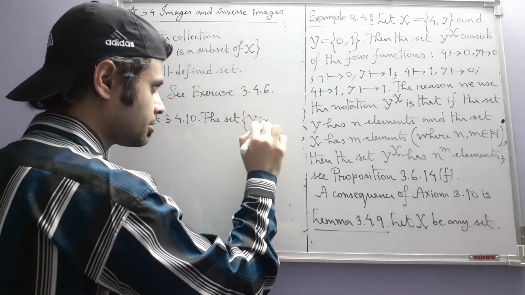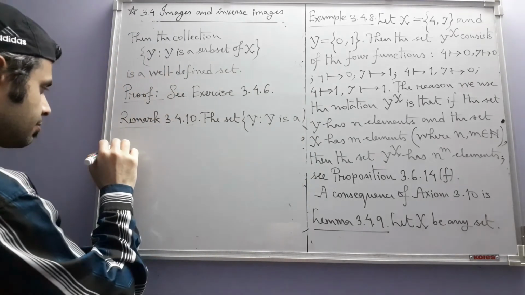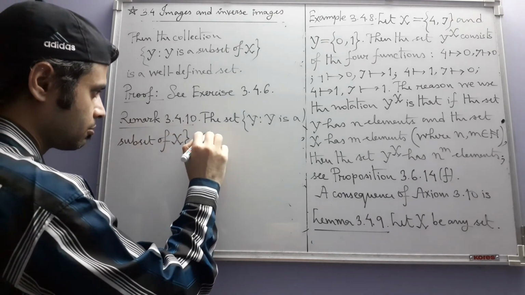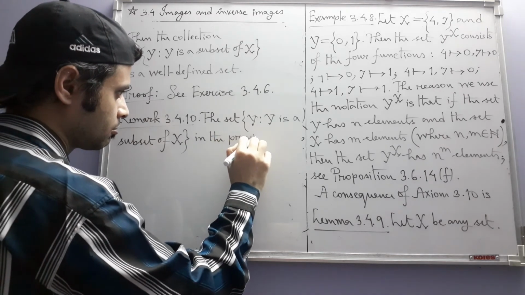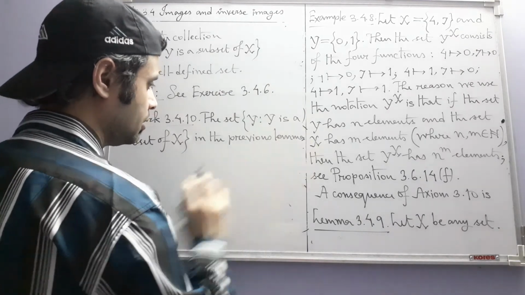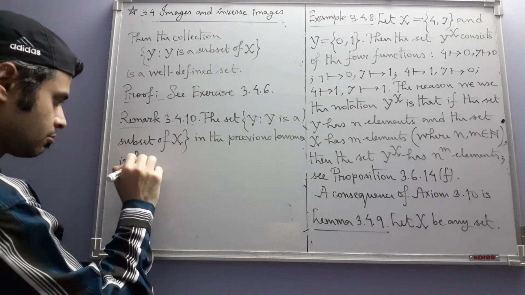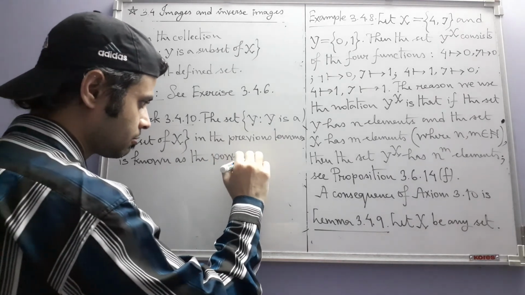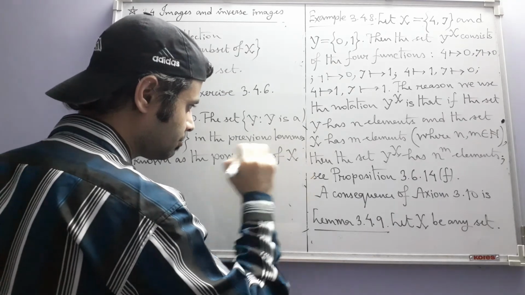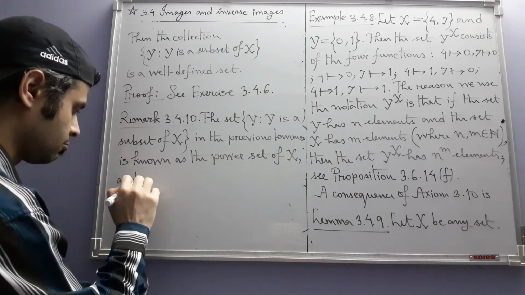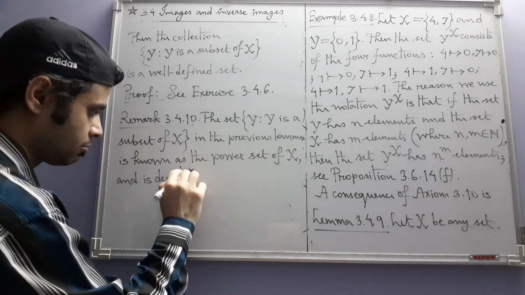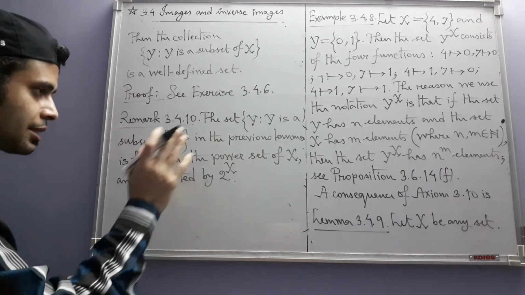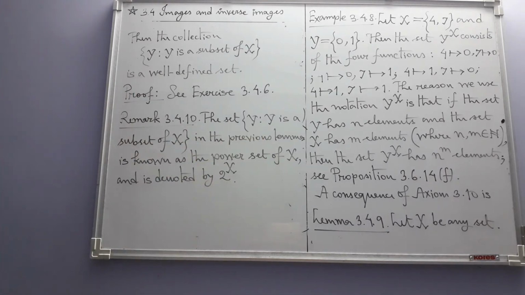The set of y such that y is a subset of X in the previous lemma is known as the power set of X and is denoted by this symbol, 2 to the power X. Just like that one, this notation also has a reason.